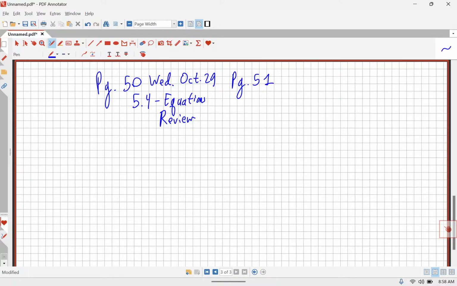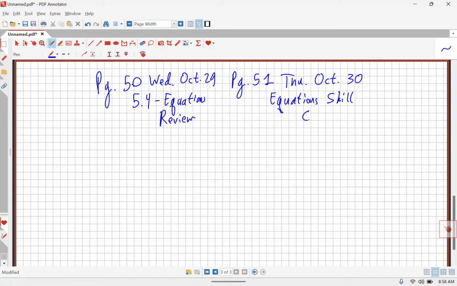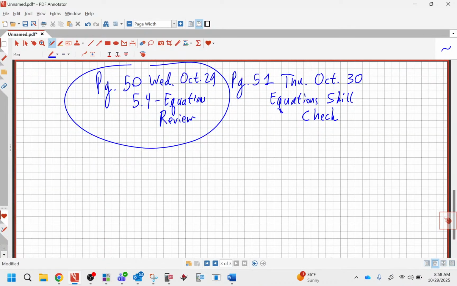That was equations with parentheses. And if you go to Thursday, October 30, I hope I already told you guys to write this down, should be your equation skill check. If you didn't write that down already, please do so. We've got about 15 minutes to work on 5.4. That's your equations review. Open up your Chromebook and let's work on 5.4.